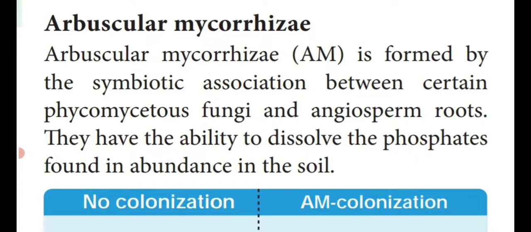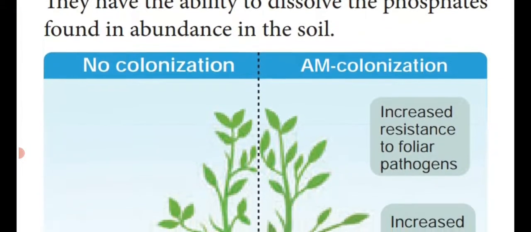This arbuscular mycorrhizae dissolves the phosphate molecules which are present in the soil. Abundance means large quantity. So a large quantity of phosphates which is present in the soil is dissolved by, what is that one? Arbuscular mycorrhizae. See the diagram.